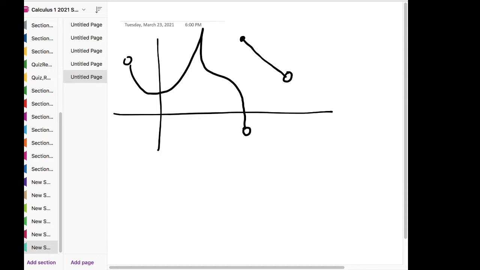Okay. Where's the absolute max, if it exists? Yeah, I didn't give any numbers to this. Okay.